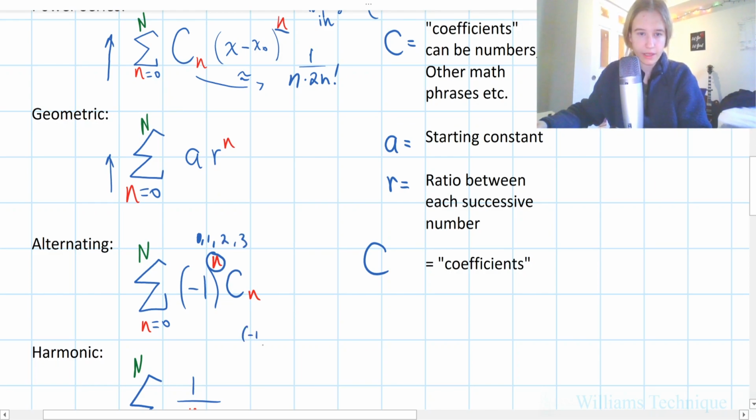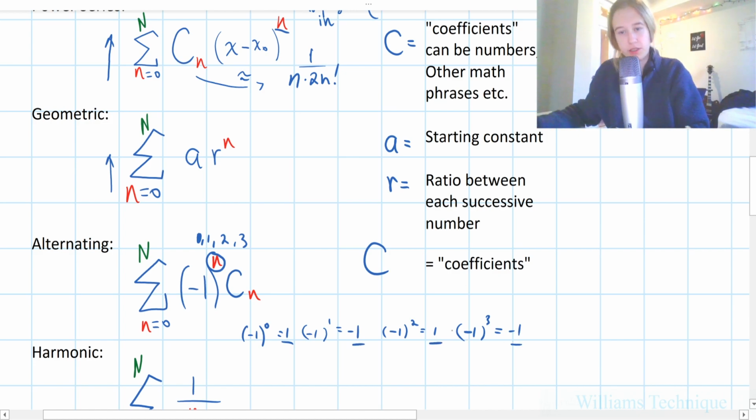As n goes from 0, 1, 2, 3, we notice that -1 to the 0 is just 1, -1 to the 1 is -1, -1 squared is 1, and then -1 to the power of 3 is -1. You can see here that the signs are alternating, going from 1 to -1 to 1 to -1.